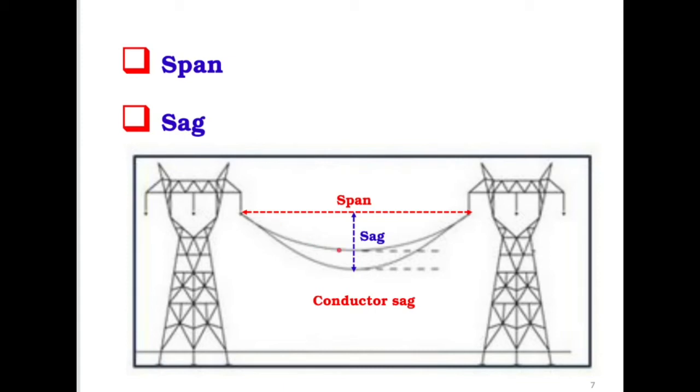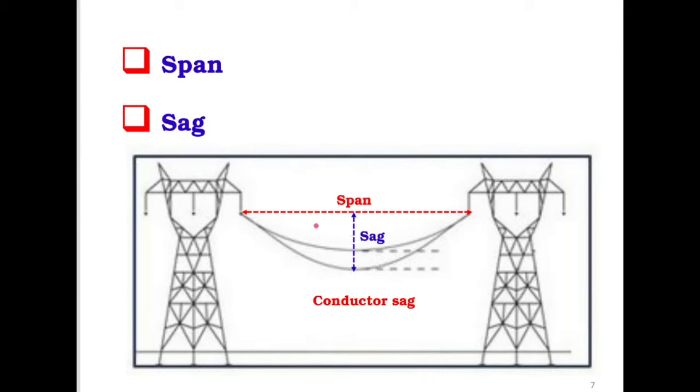With a little sag, like the middle one, the tension is less. With the bottom one, the tension is even less. So if we allow more sag, the tension will be less and less.